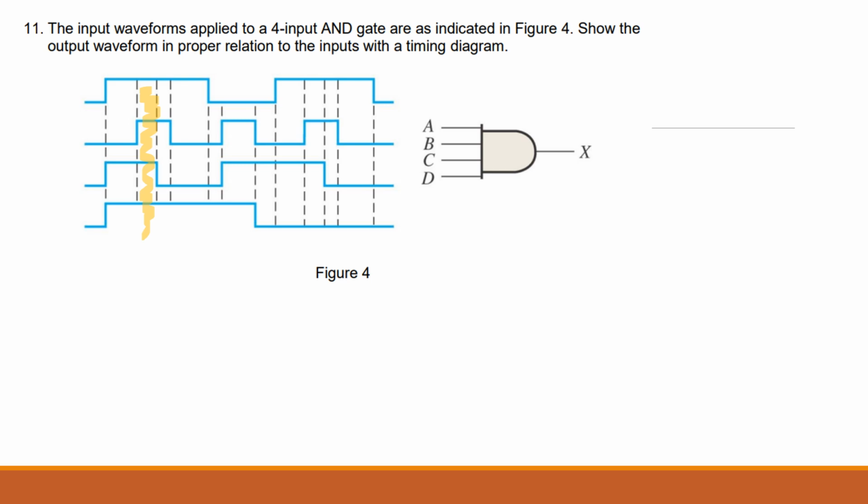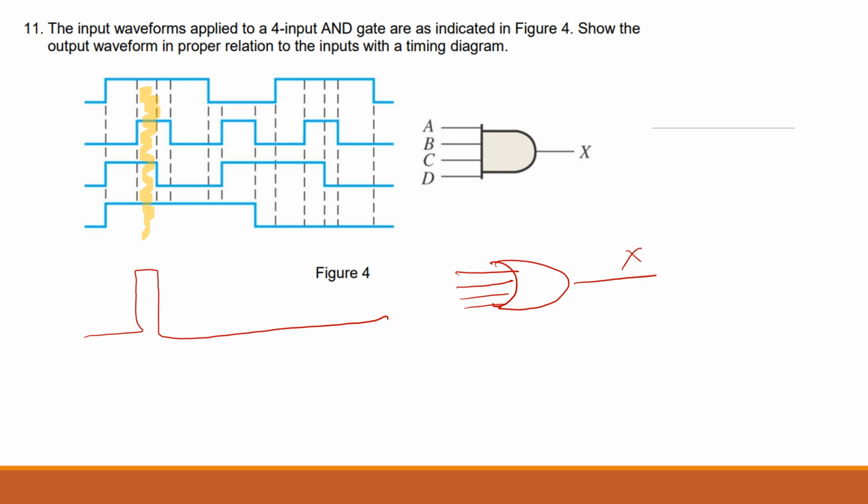So your output will be, am I right? Can you do the same thing? If you have an OR gate, same waves, if it goes to the OR gate, you have all 4 inputs, and I want you to draw the output for the OR gate.